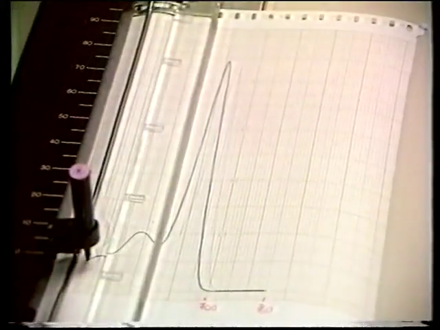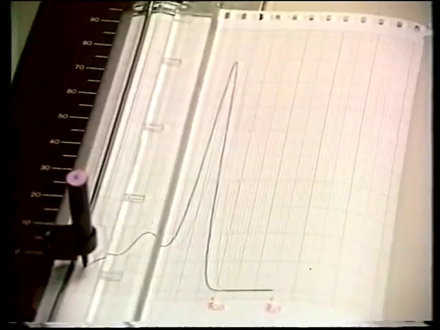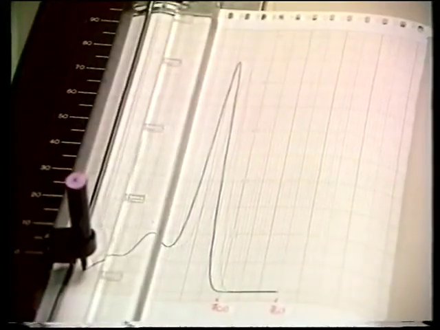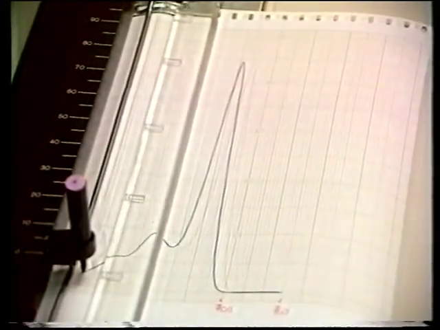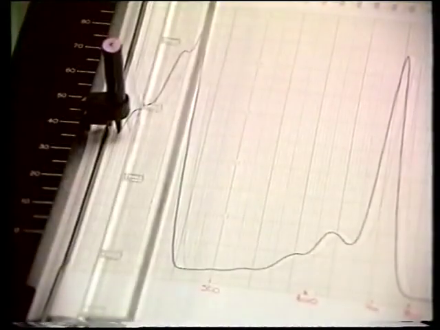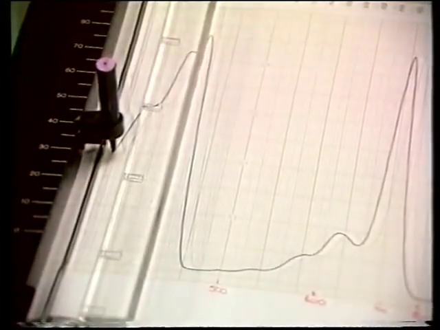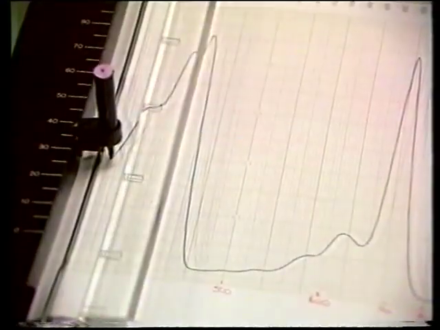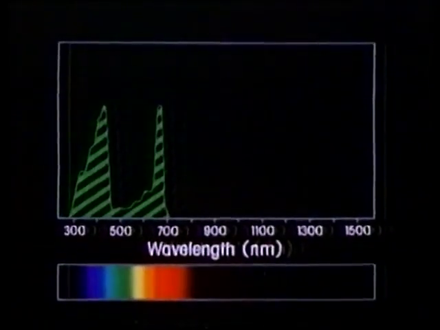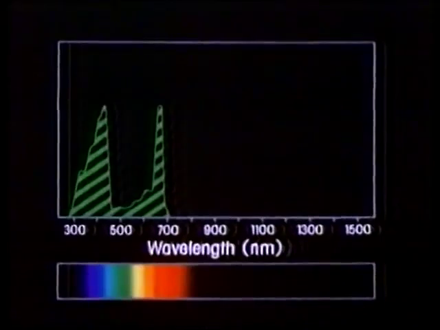The first major band is in the red region at 680 nanometers. Then there's a region of relatively little absorption in the green-yellow part of the spectrum, and then another absorption band in the blue region with a maximum at about 430 nanometers. This spectrum is in fact that of chlorophyll A, the most important pigment in photosynthesis.